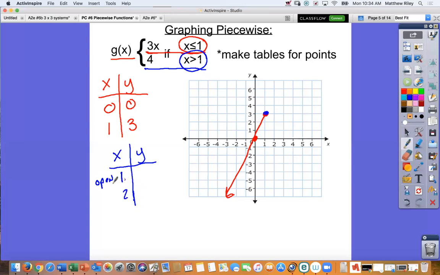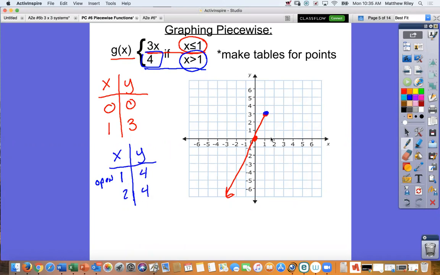So if x is greater than 1, we're going to start with this. What's my y value? So this is kind of like that plugging in again. Is there anything to plug in for? No, so it's constant. So no matter what, if x is greater than 1, it's going to be 4.